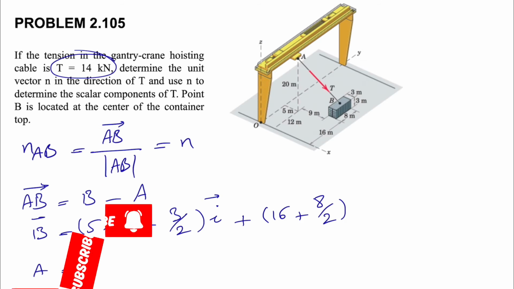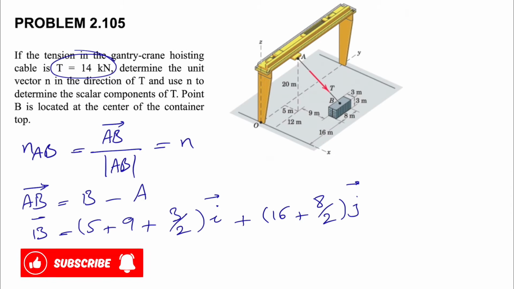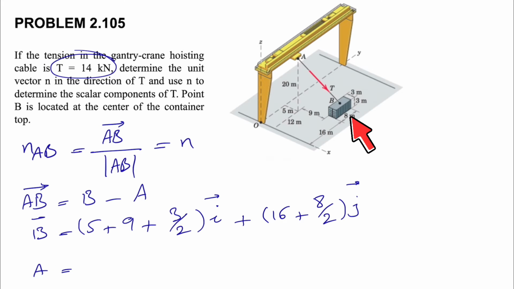Let's move on to the Y. For Y, we'll have this time 16 plus 8 divided by 2, and we are dividing by 2 because we know the point B again is at the center of the container.